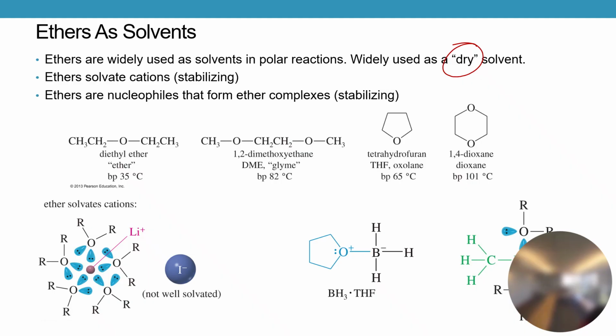Now at the bottom here, we can see ethers solvating cations. Ethers are polar molecules, and the delta minuses can line up to solvate cations. Commonly, this is seen with lithium. It's very useful. And then we know that BH3, because it's electron poor at boron, is often stabilized by THF as the solvent.